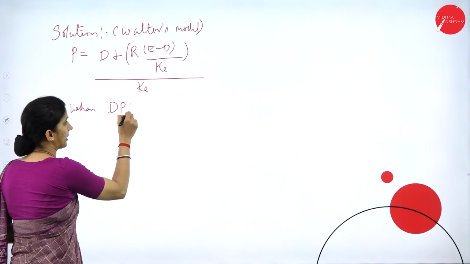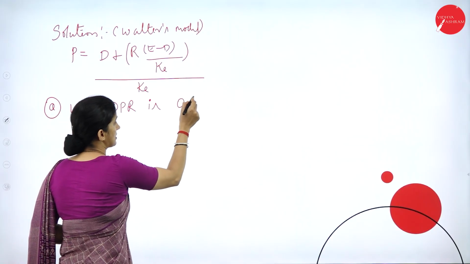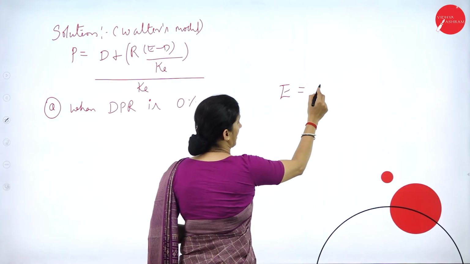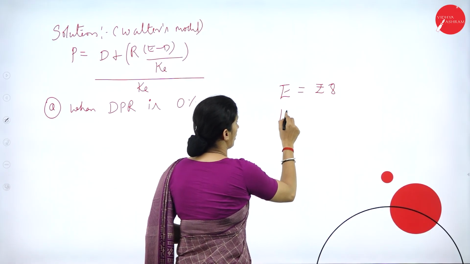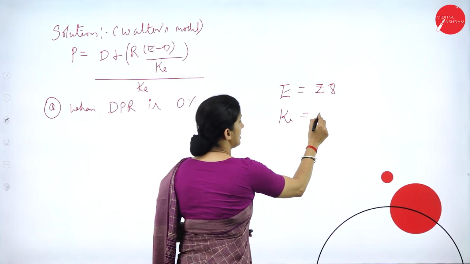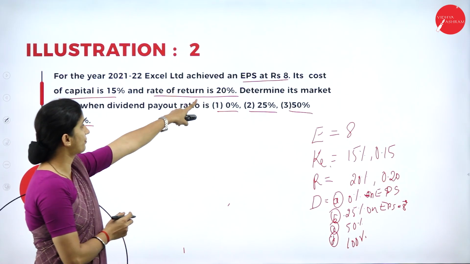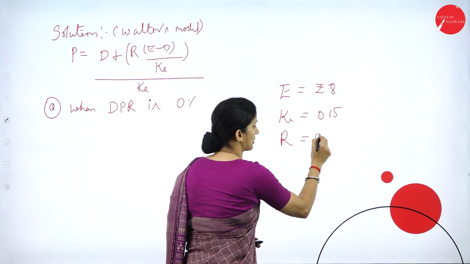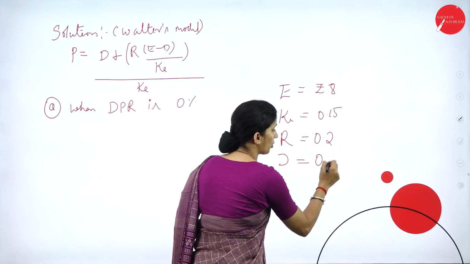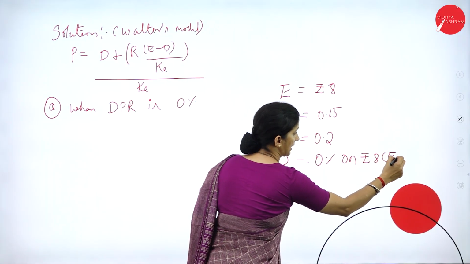So now the first situation, when the dividend payout ratio is 0%. Your EPS, that is E, is the same, rupees 8. Then your KE is the same, 15%, 0.15. Then R, rate of return, is 20%, so that is 0.2. Then here D is 0% on rupees 8, which is EPS.